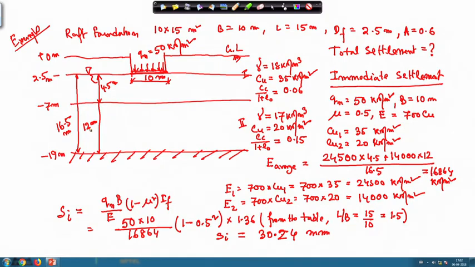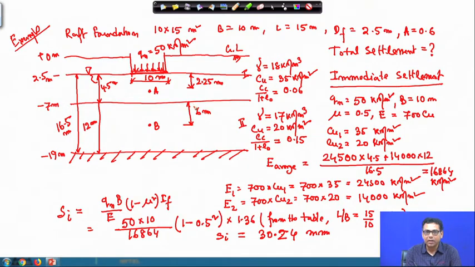I will take a point at the middle of each layer. This is point A and this is point B. Point A will be 2.25 meter from the base, and point B is 6 meter from the base of the first layer.